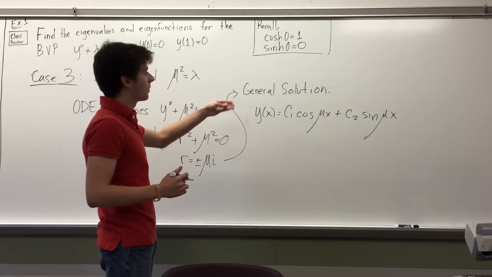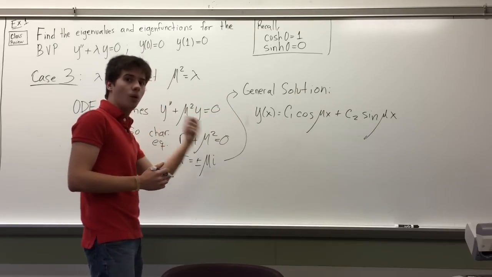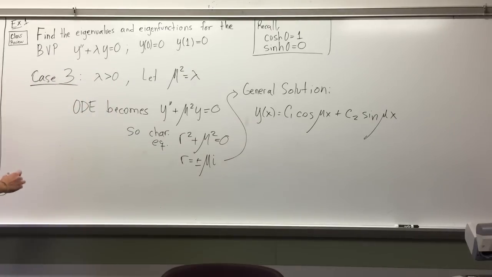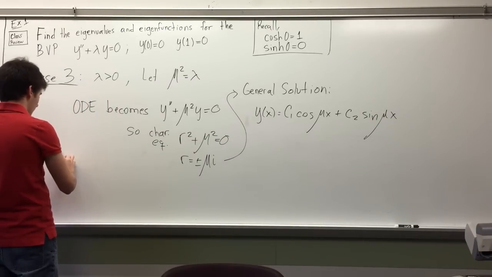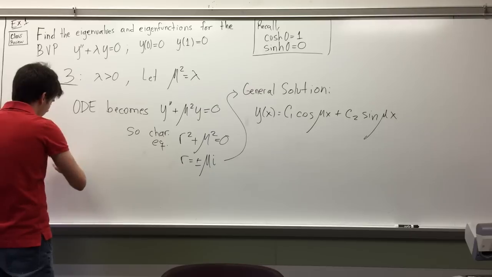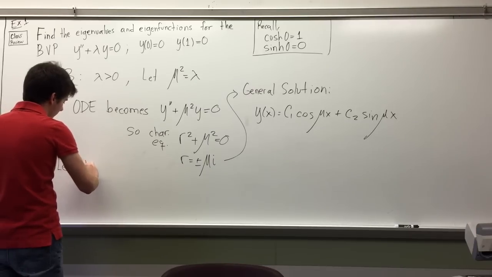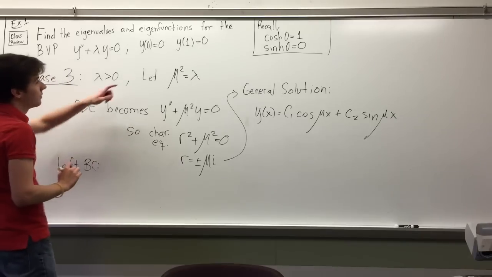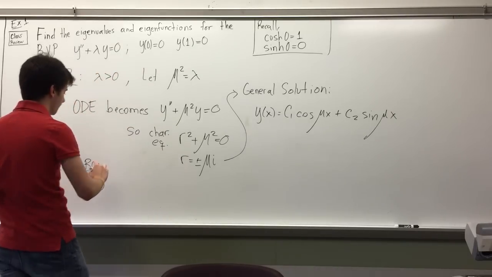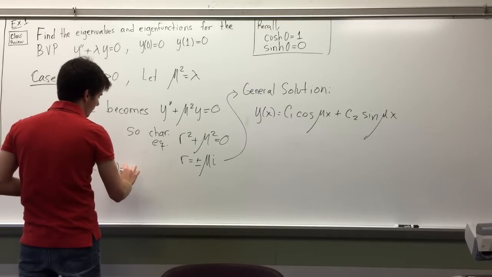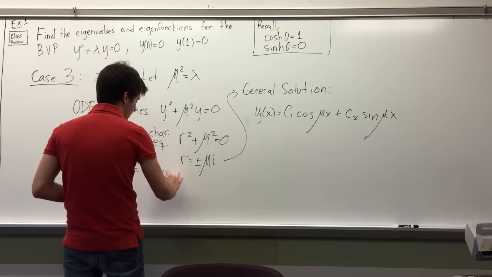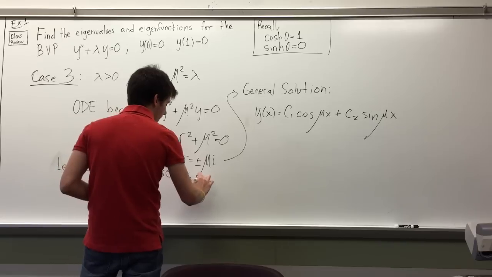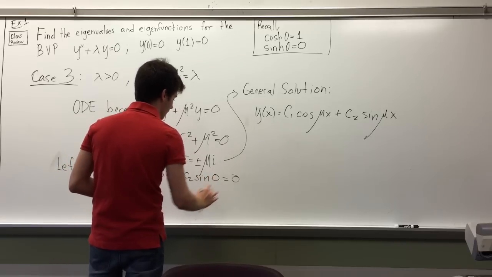And let's use our boundary conditions to see what the eigenvalues and eigenfunctions are. Let's do our left boundary condition, y of 0 is equal to 0. We're going to get c1 cosine of 0 plus c2 sine of 0 is equal to 0.